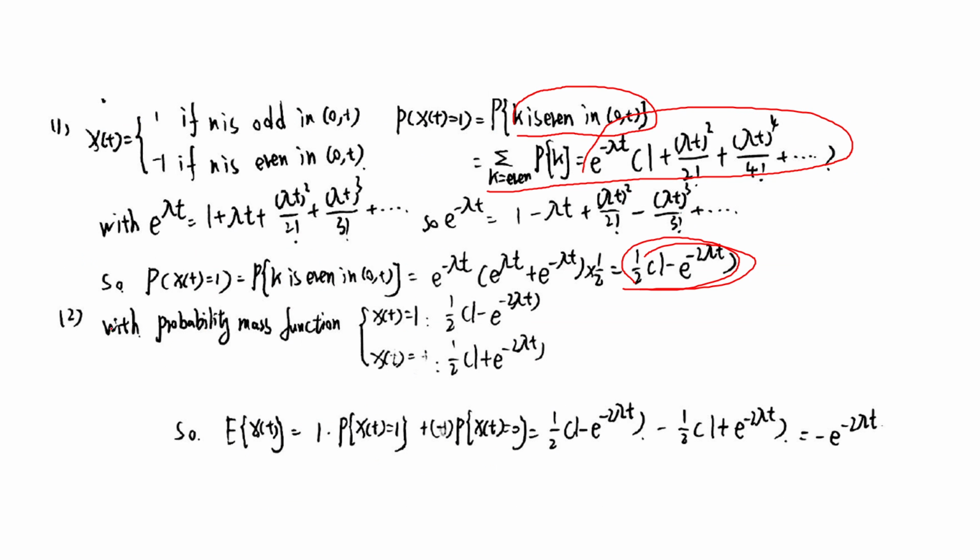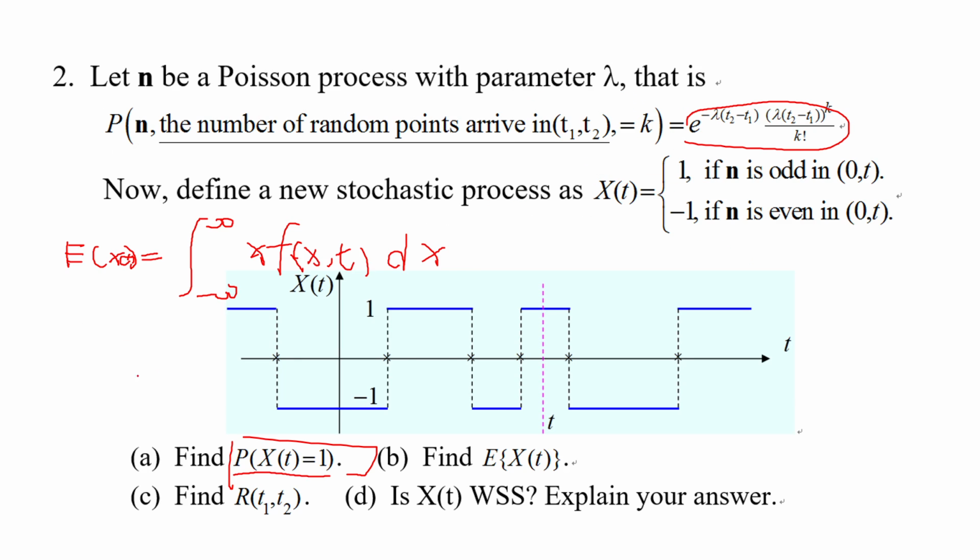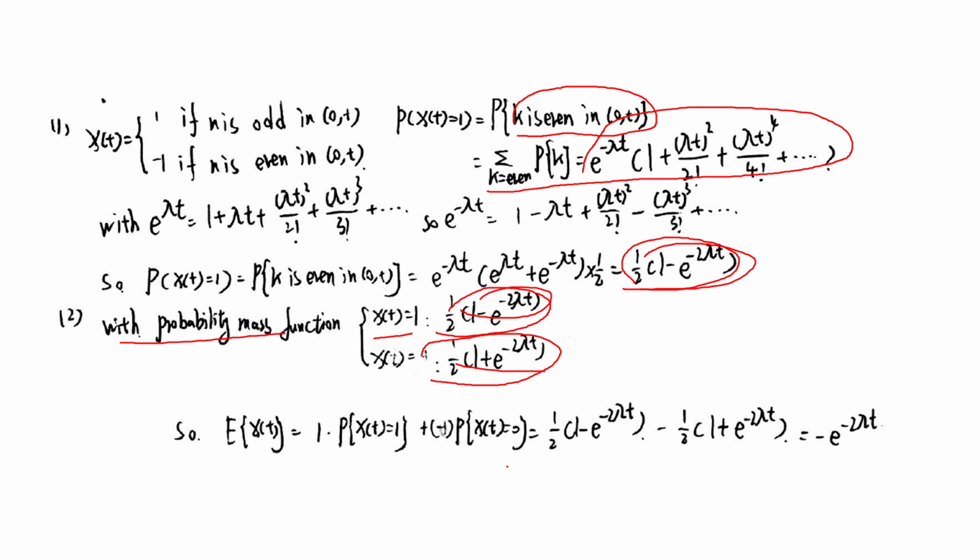So with the probability mass function, X equal to 1 should be like this, and X(t) equal to -1 should be like this. We just need to use 1 minus this part, so we can get this. And based on the definition, finally we calculate that E[X(t)] equals e to the minus 2 lambda t. It should be like this.